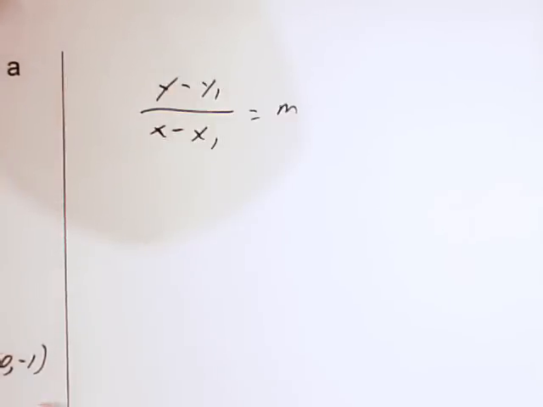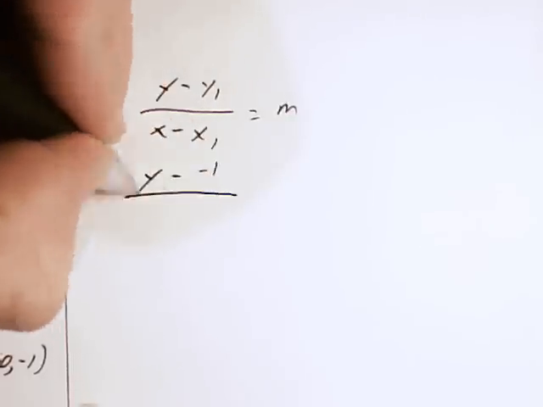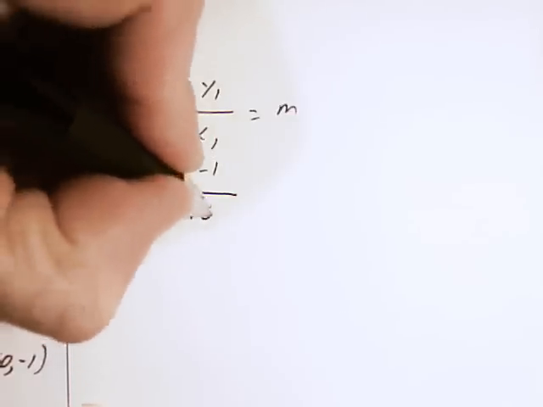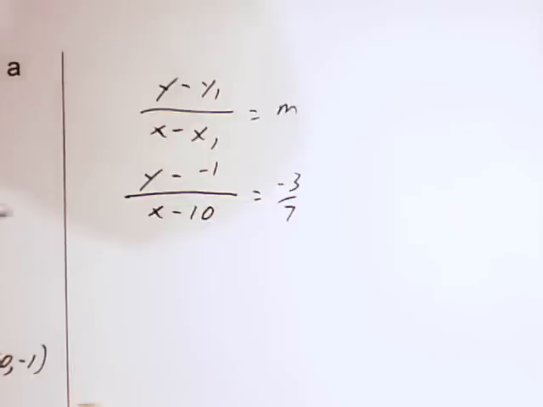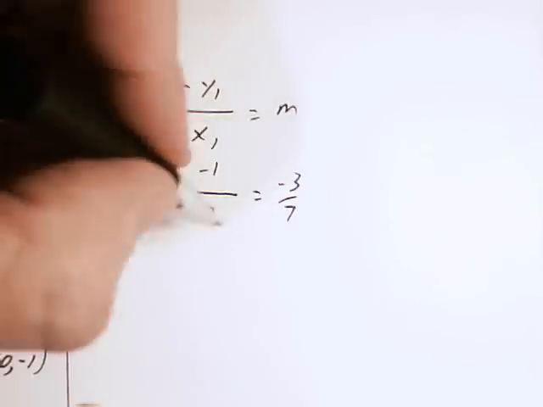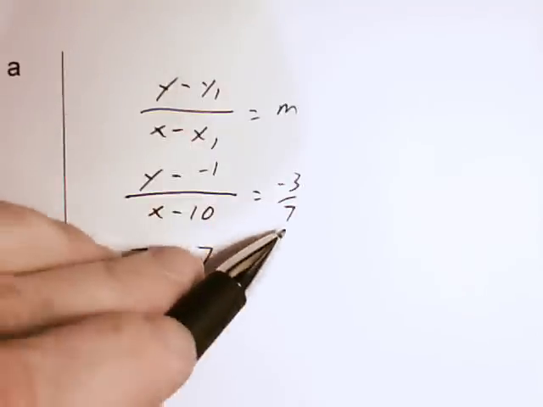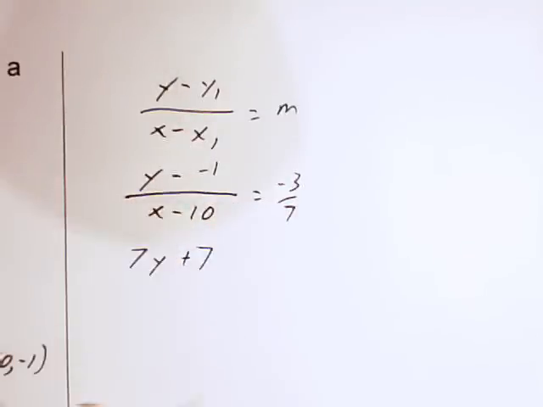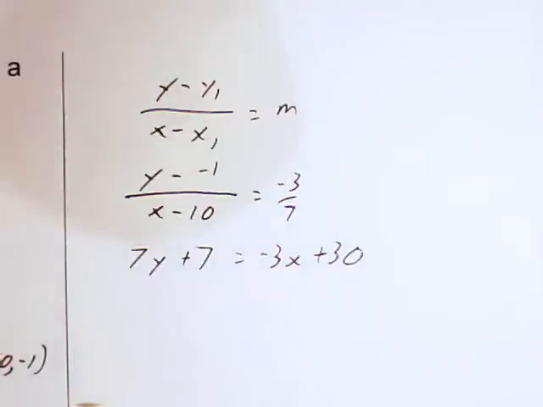I'll use point C and I'll use my slope of 3 over negative 7. So I will have y minus negative 1 over x minus 10 equals negative 3 over 7. I'm now going to cross multiply. 7y plus 7, this minus and minus make a plus, equals negative 3x plus 30.